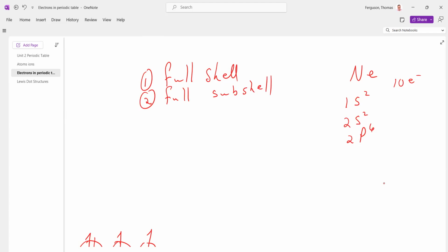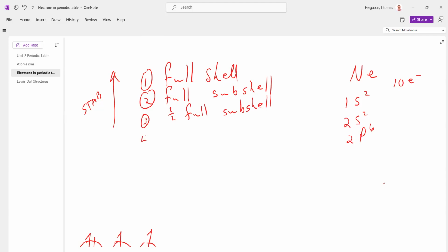Now, going down the list here, decreasing stability. A full subshell is stable, but not as stable as a full shell. Then we have a half full subshell.